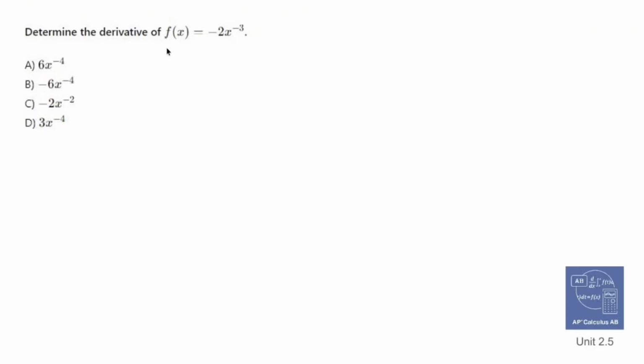All right, boys and girls, we have ourselves the derivative of negative 2x to the negative third. This requires the power rule. The power rule says that if you take the derivative of some number times x to the nth power, drop the n down and multiply it to c, and then subtract 1 from n, right? No different here.